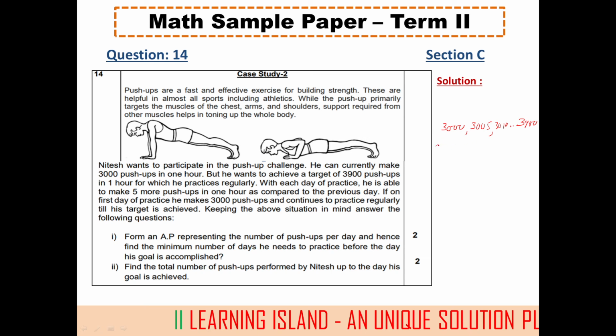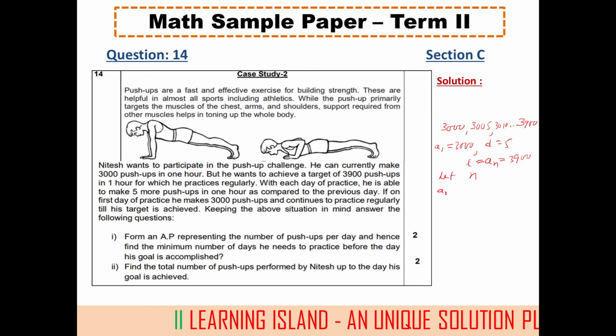Now the first term would be 3000 and d here would be 5, and the last term, that is AN, is 3900. Let the number of days be n. Here we can apply the formula of AP.